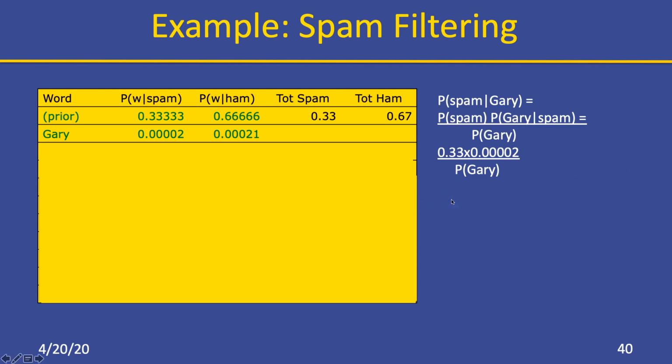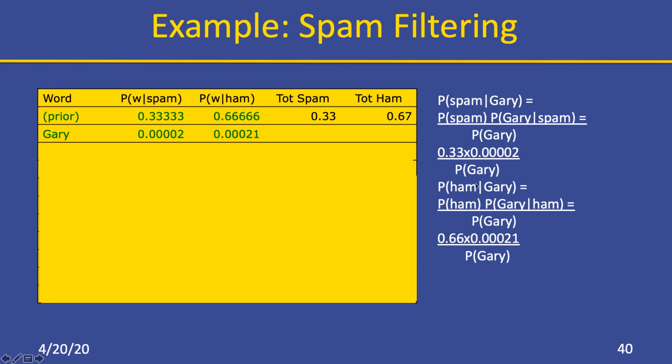So the second step we need to do here is compute P of ham given Gary. So we do something similar here. It's equal to this. And we have P of ham, and we also have P of Gary given ham. So now this is P of spam given Gary, and this is P of ham given Gary. Since the message can only be ham or spam, these two have to add up to 1. So we can either normalize or we can compute P of Gary. Let's go the normalization route and do this.